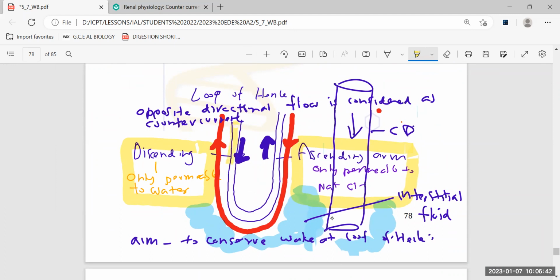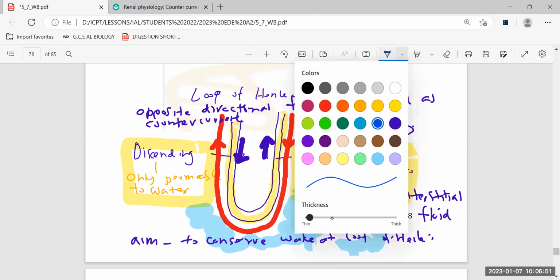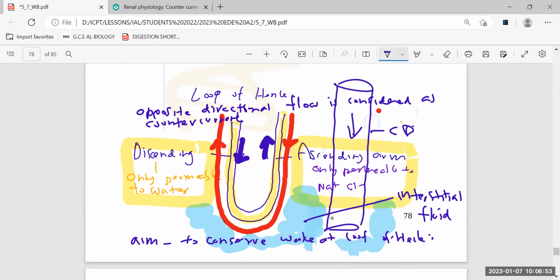This is the loop of Henle. And in a loop of Henle, this is the direction of the fluid at the descending limb, and this is the ascending limb.